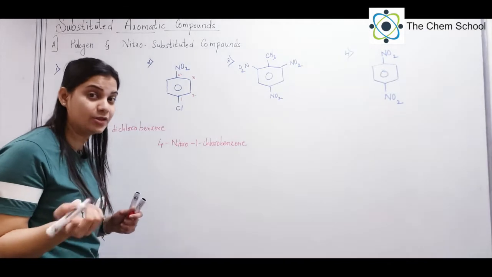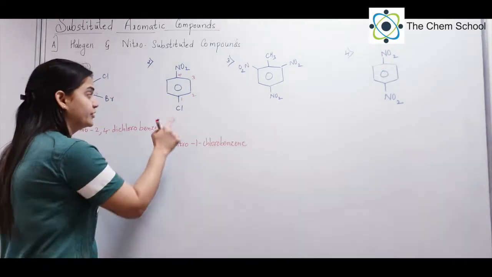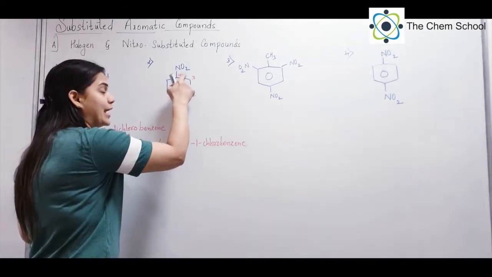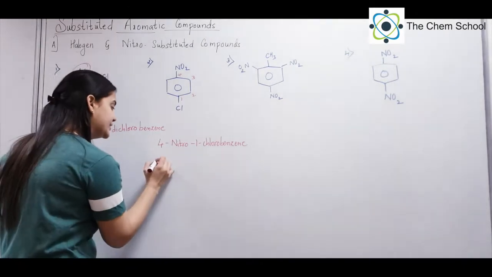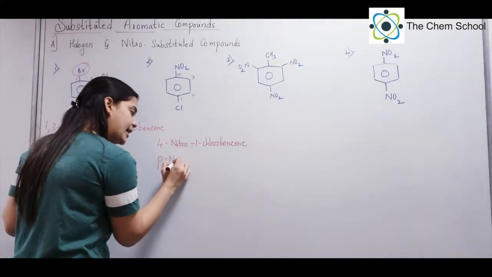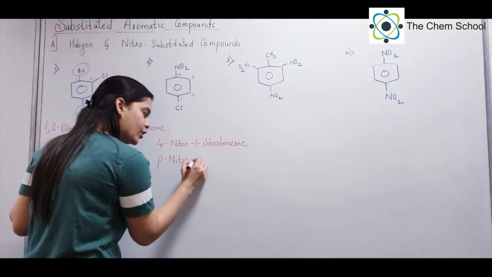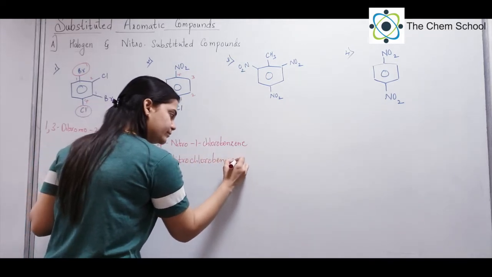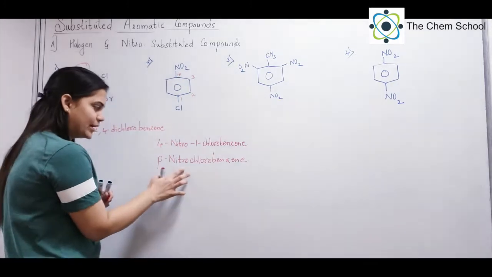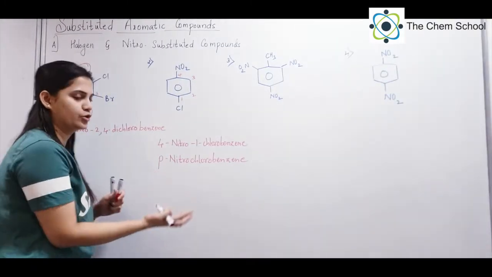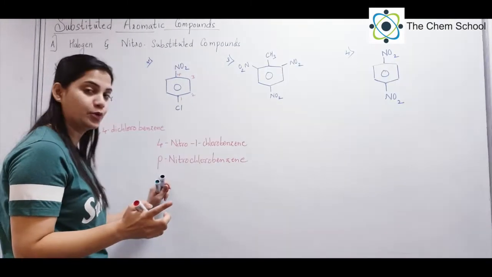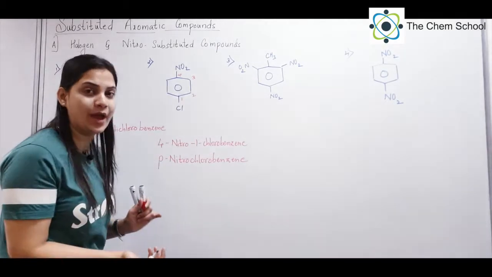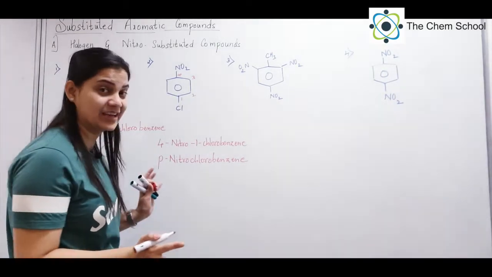You can also take the ortho, meta, para nomenclature. With respect to this chloro, nitro is on para position, so you can say it is para nitro chloro benzene. It is understood that if nitro is on para position, chloro is on the first position with respect to this. And this is the name that you have. I hope this is very, very clear to all of you.